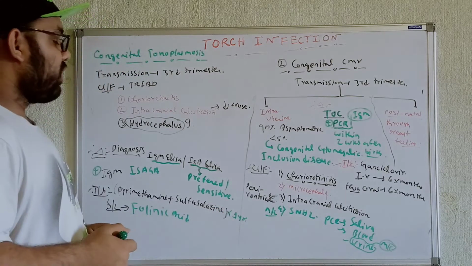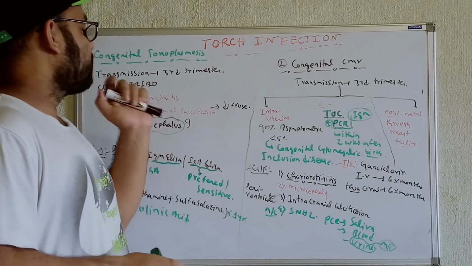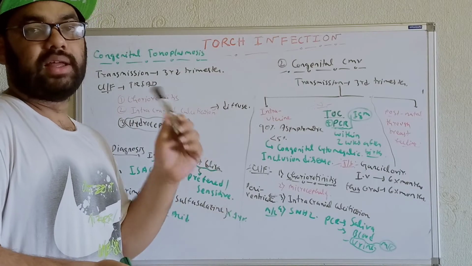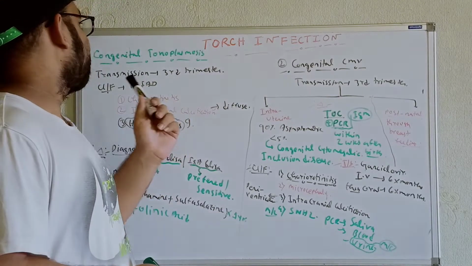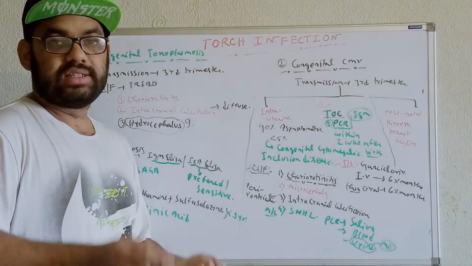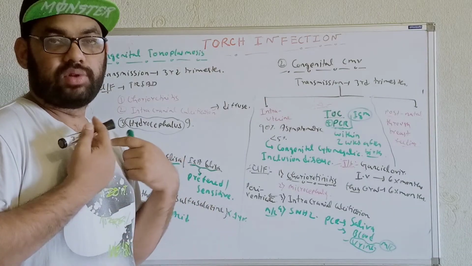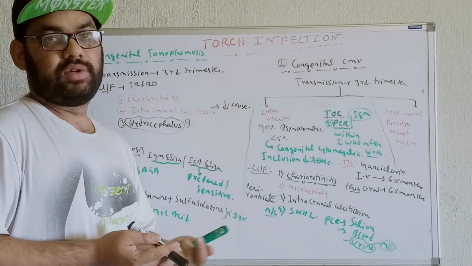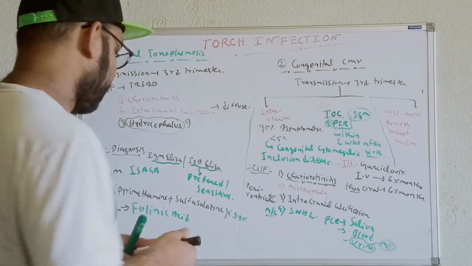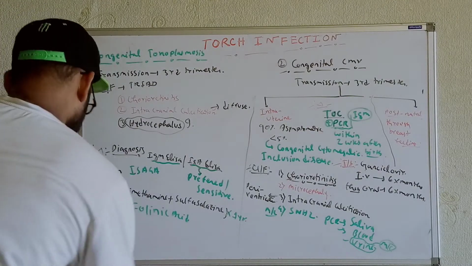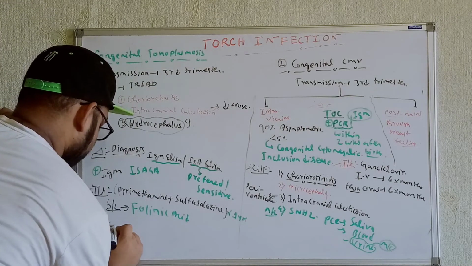Now, suppose for any reason we came to know that a pregnant woman has a toxoplasmosis infection. To reduce the chances of transmission of toxoplasmosis from the mother to the fetus, we can use some drugs. Let me write it over here. We can use a drug known as spiramycin.